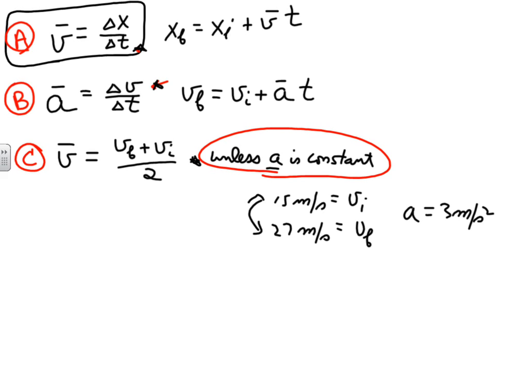Promise? Okay. Now, there's 2 more shortcut equations. I could algebraically combine A with B and C, and if I combine them, I can get equation D. Equation D is X final equals X initial plus V initial times the time plus 1/2 the acceleration times the time squared.